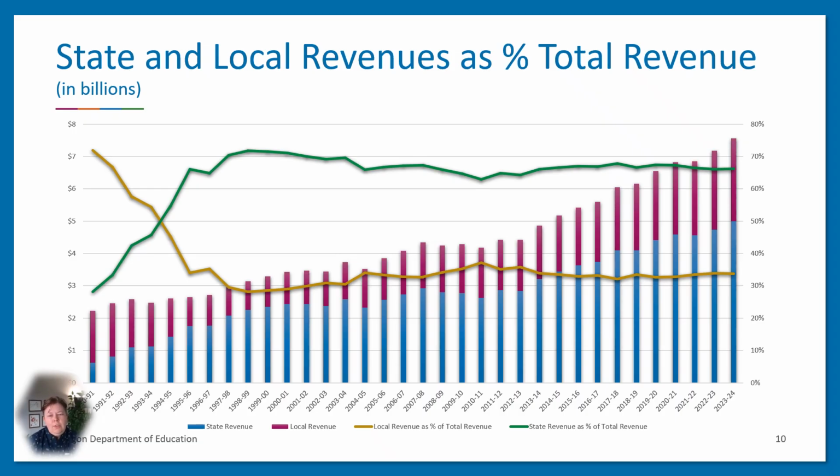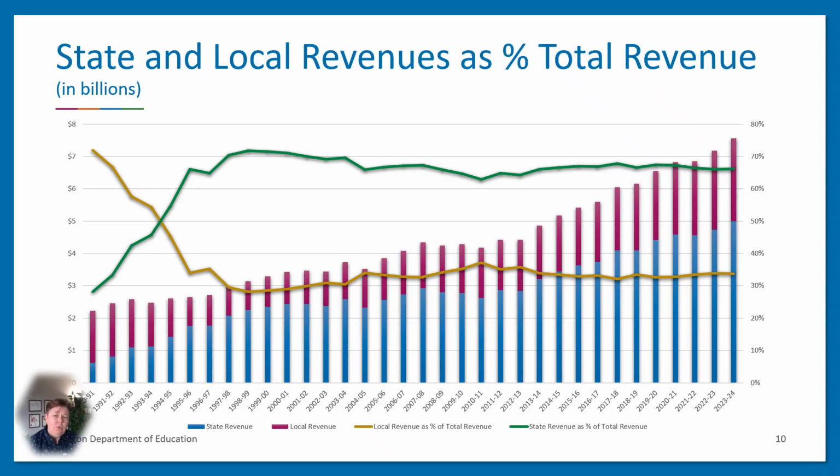So this is a little bit of a busy graph, but I think it tells a good story. So what we have here are state and local revenues as a percentage of total revenue. So what you can see, the bars on the bottom of the graph, the blue portion of each bar represents state revenue, and the red or maroon portion of each bar represents local resources.